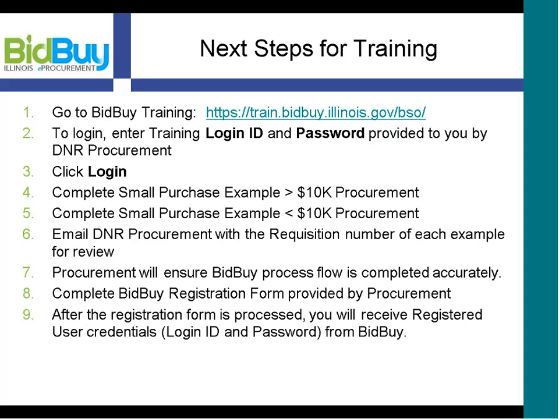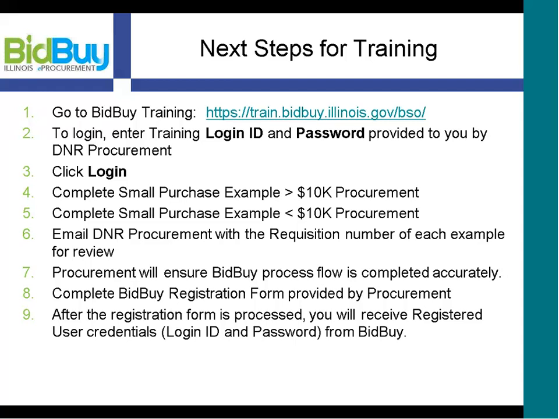You will log into that training environment and complete both the above $10,000 purchase and the below $10,000 purchase. Then you will email DNR Procurement, the person who emailed you your packet of information. You'll provide them the requisition number. Remember, you're noting all your document numbers as they move through the system, but you'll provide the requisition number of both of those examples to your procurement contact for them to review.